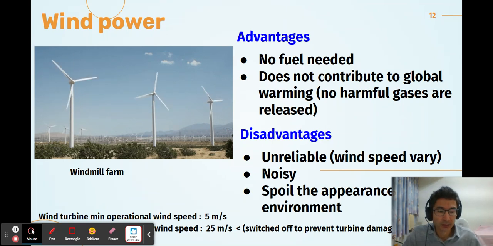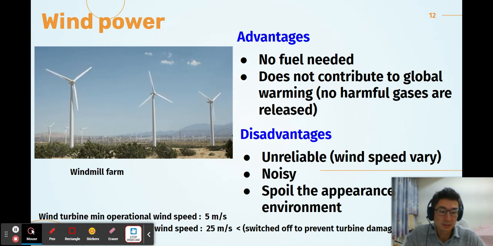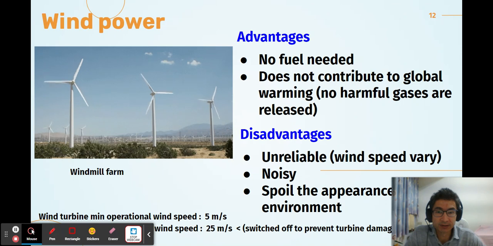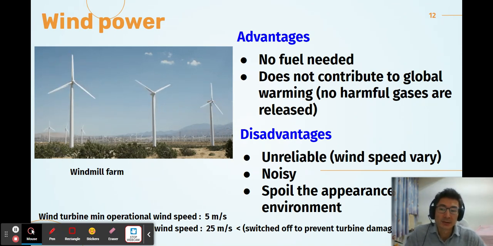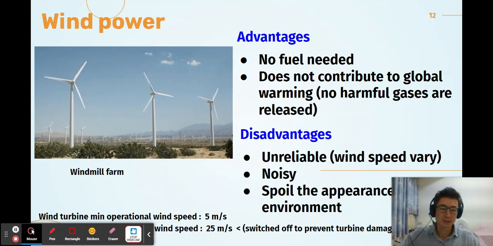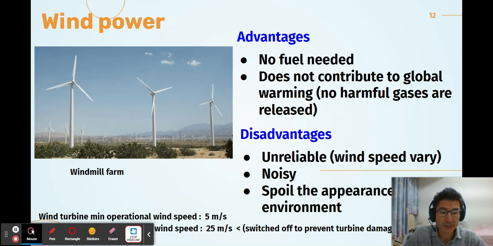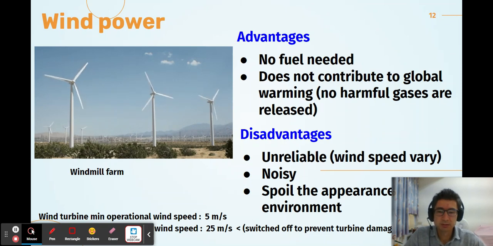Okay, so the disadvantage would be, wind is not always there. We don't always have windy days. They are unreliable. Big ones are very noisy, and they need a big area, and they can spoil the appearance of the environment or landscape.